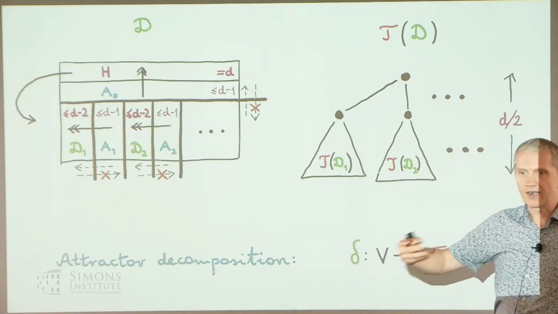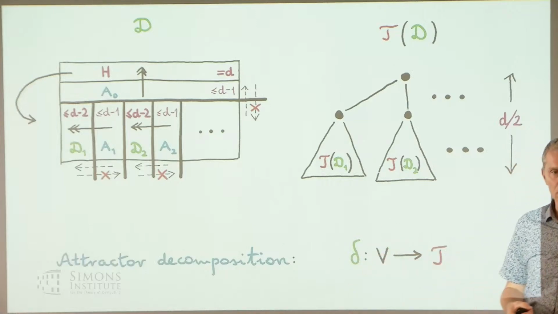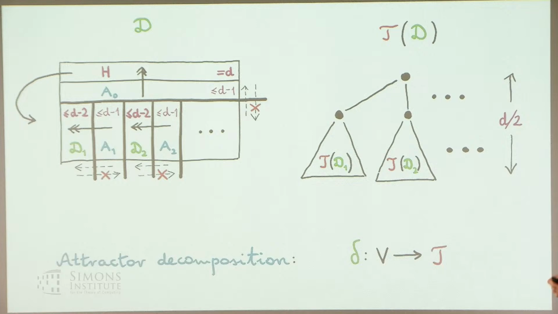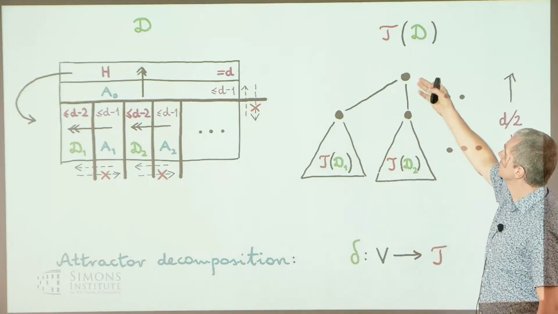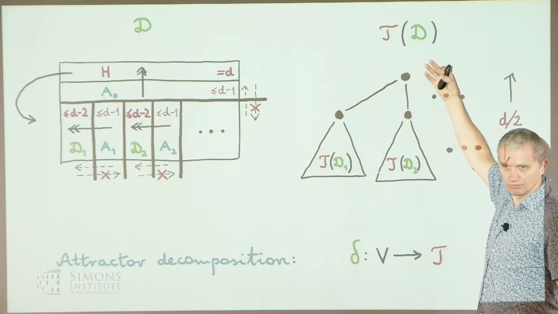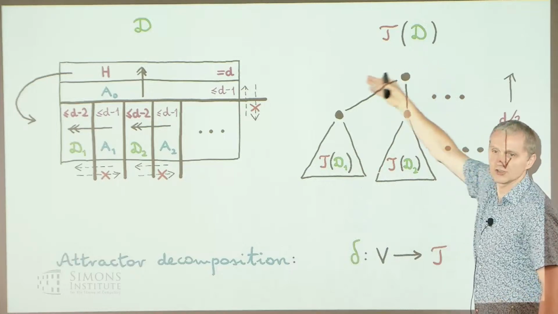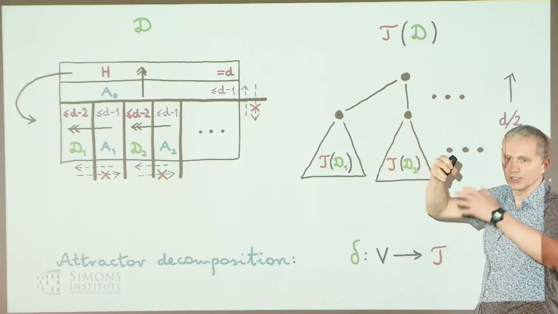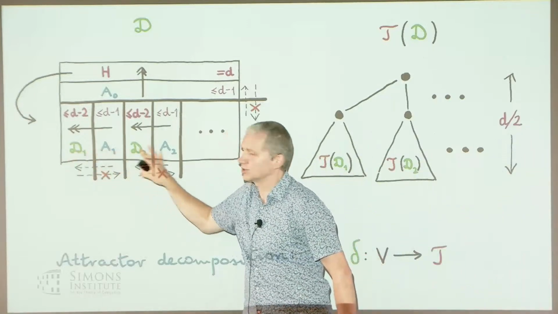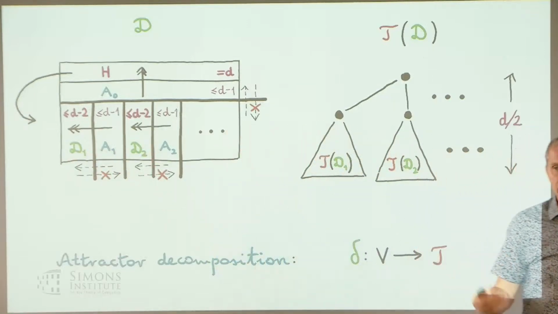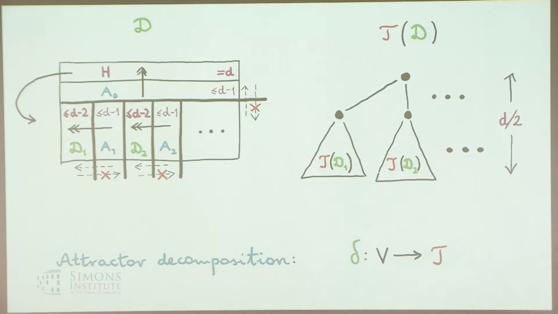So the hierarchical structure of an attractor decomposition can be abstracted into a tree, defined in the obvious way, right? So the tree of the whole attractor decomposition has a corresponding tree whose root has children, which are roots of sub-trees, which are the trees of the attractor decompositions D1, D2, and so on.